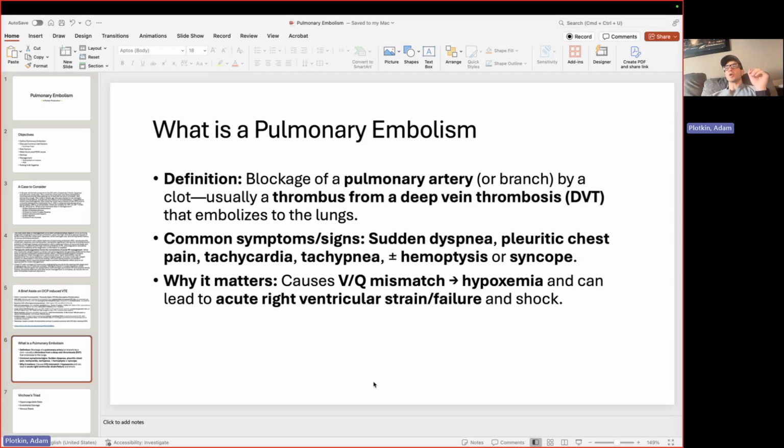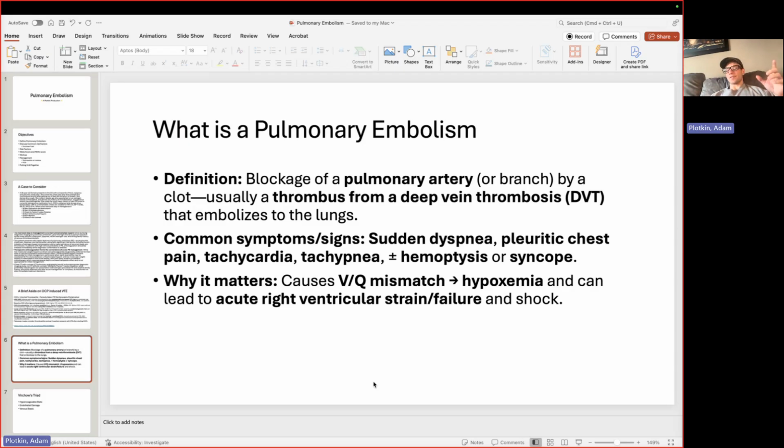So what your lung is going to do is cut off blood supply to the bad alveoli and shunt blood over to the good alveoli to try to maximize VQ matching. For the sake of PE, that's not really happening here. In PE, we have a perfusion problem where we're cutting off blood supply, so we have to remove the clot to improve blood supply.